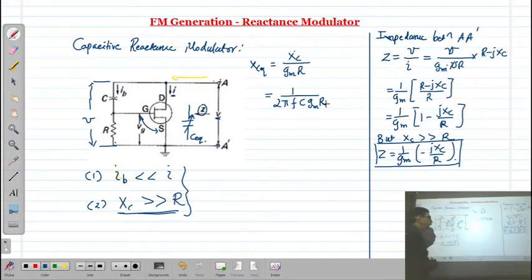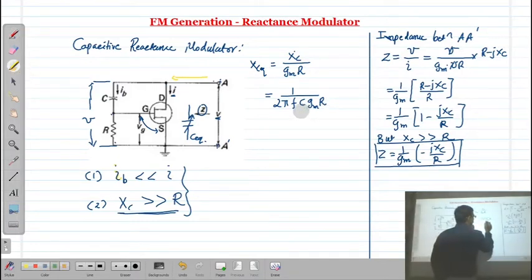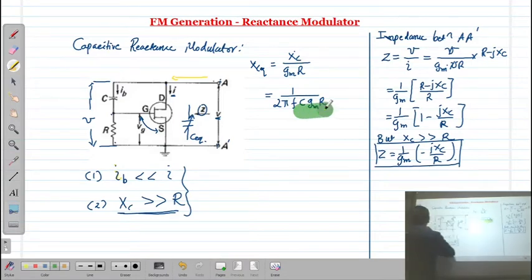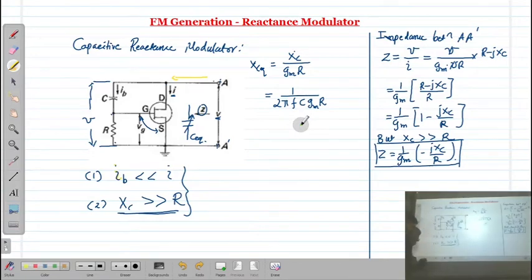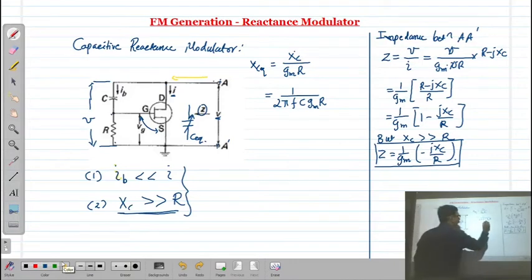And here, if you consider this point, what does this indicate?